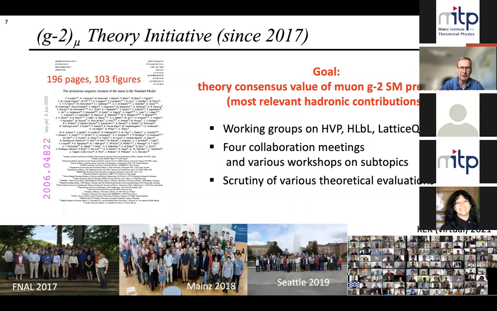There were various working groups, collaborations, meetings, and individual smaller meetings, all dealing with the details of the HVP and light-by-light contributions, and lattice QCD also plays a very important role in this initiative. A paper came out about 2 years ago, and this is now the official number for the G-2 standard model prediction, which I'm going to discuss in the following.